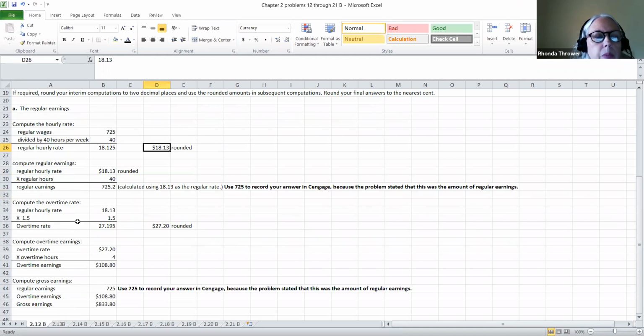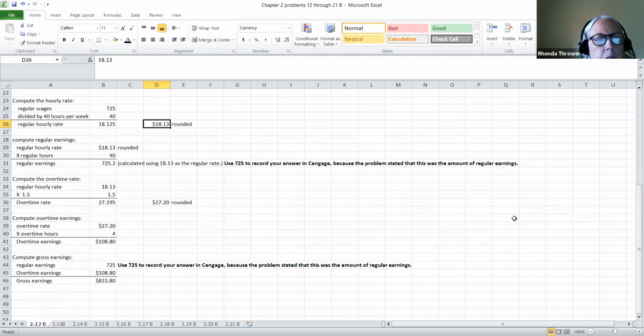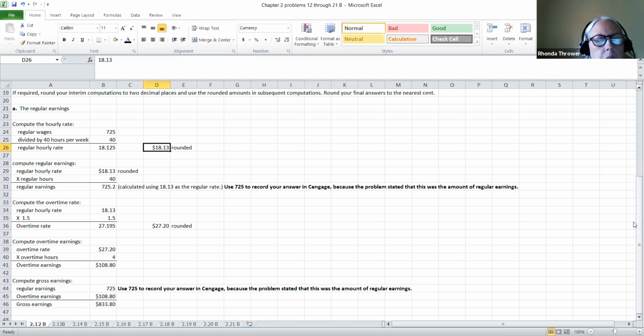The next step that you have to calculate is the gross earnings, which is also what they've asked you for in this problem. To compute the gross earnings, we're going to have to determine what the regular earnings were.